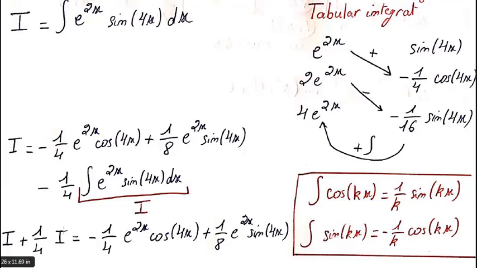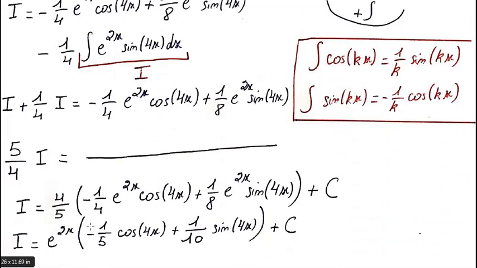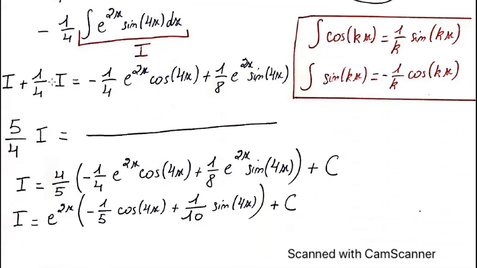And we are searching for I. Our unknown is I. So I plus 1 over 4 I is 5 over 4 I, equal to the same thing as before, which means I would be equal to 4 over 5 times (minus 1 over 4 e^(2x) cosine 4x plus 1 over 8 e^(2x) sine 4x) plus a constant C.